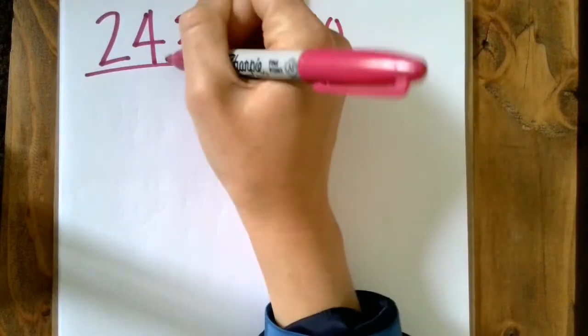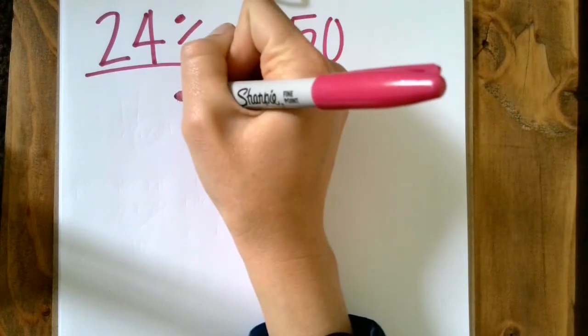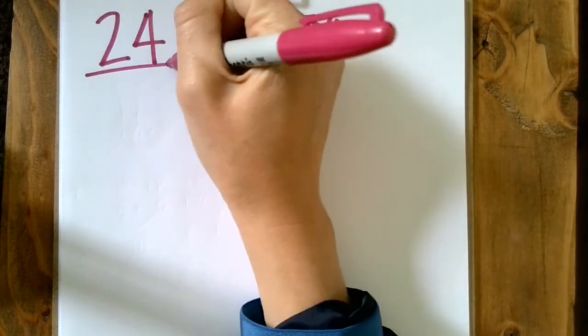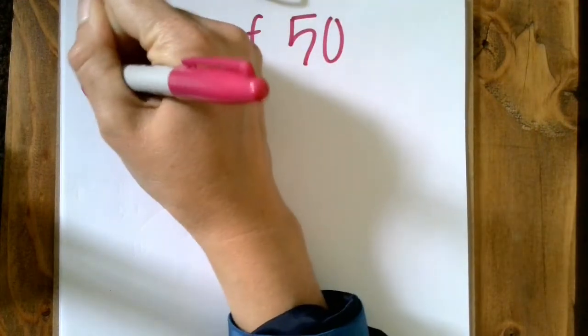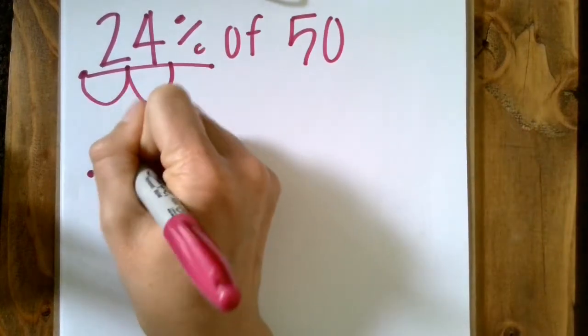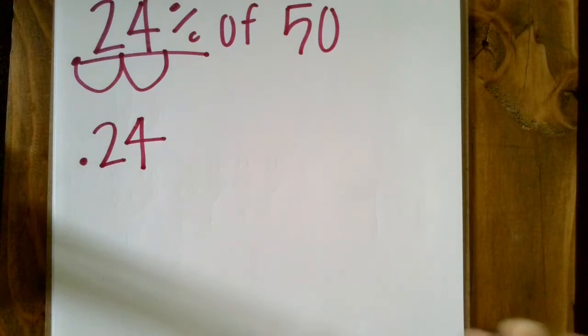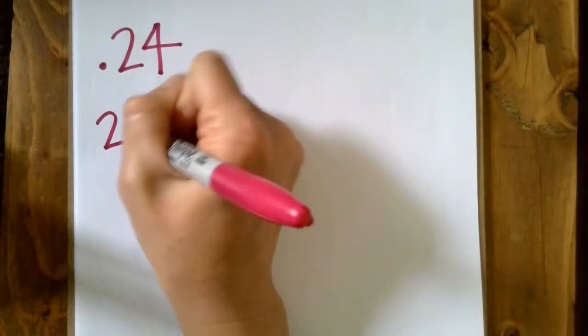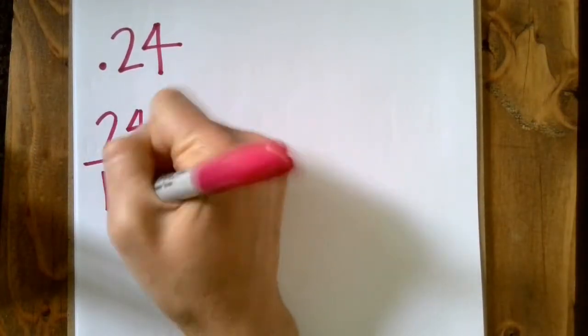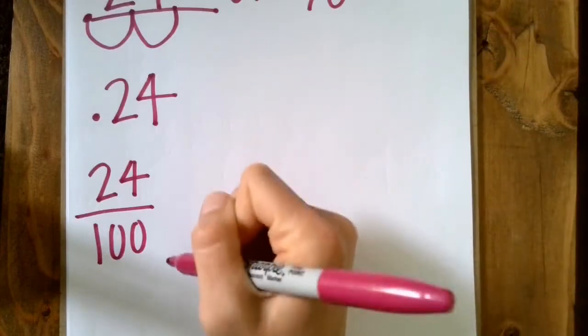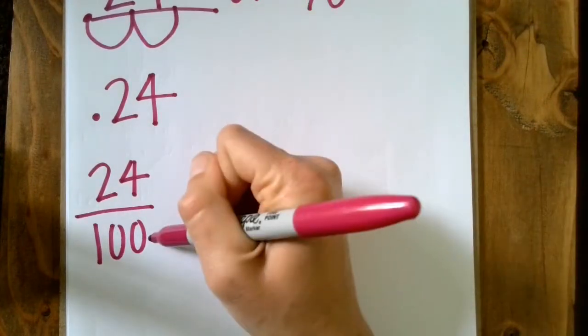Therefore, I have to move the decimal 2 times to the left to make it into a decimal. So my decimal of 24% is 24 hundredths, which makes sense because percent is 24 out of 100, aka 24 hundredths.